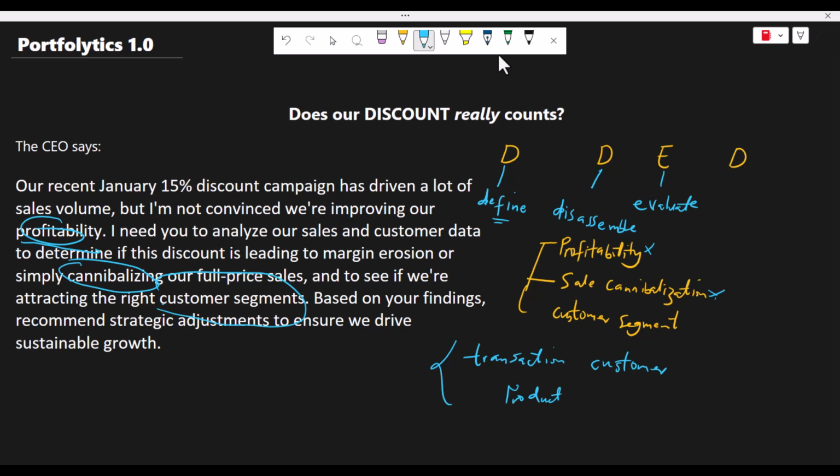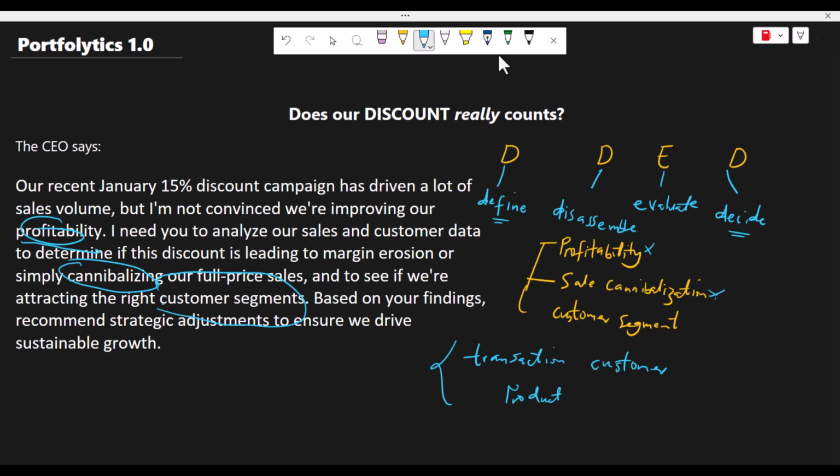So after evaluation, the last thing is to decide. This is where the conclusion and recommendation by the data analyst come in. After doing your evaluation, you recommend to the necessary stakeholders, whether the CEO or any necessary stakeholder in your organization, what they should do.